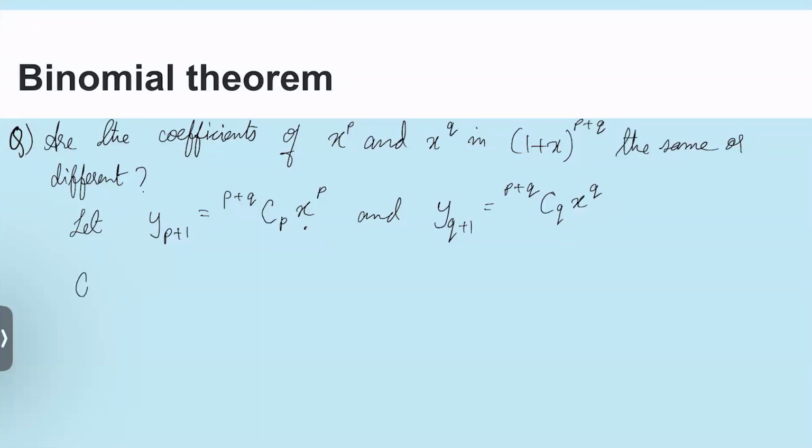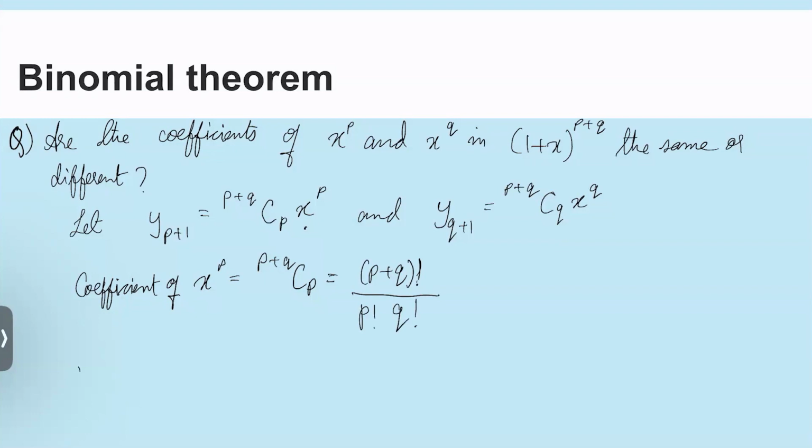Okay, so the coefficient of x raised to p is going to be (p+q)Cp. When you expand this and write it in factorial form, it is (p+q) factorial upon p factorial and (p+q) minus p. So your p and p get cancelled, and what you're left with is q factorial.